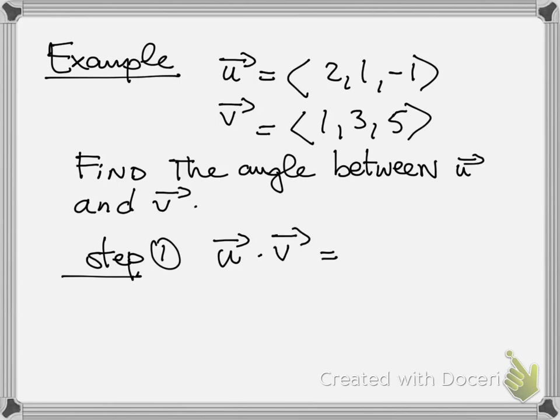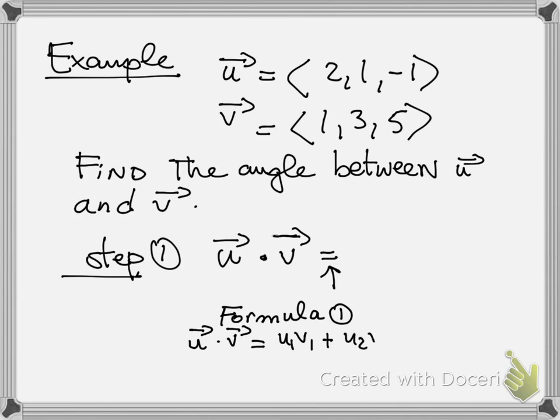If I use formula number 1, remember formula 1 says u dot v is u1 v1 plus u2 v2 plus u3 v3.